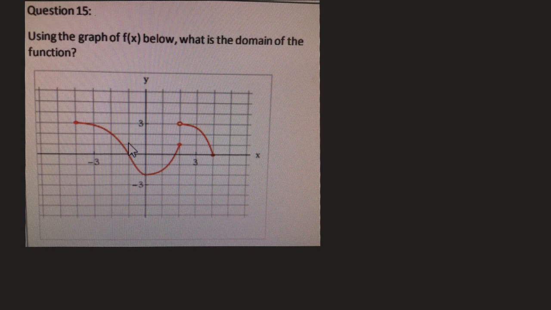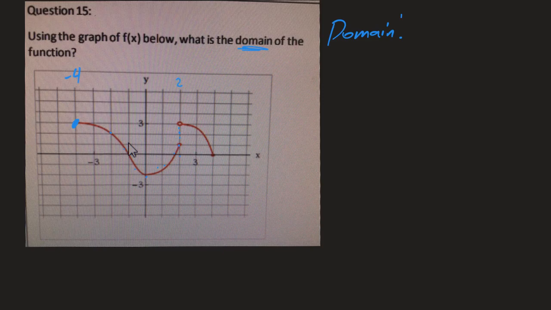Okay, and the last question here, we've got a domain question. So domain, I'm going to do from left to right, starting from low to high, right? So let's find our domain. And if I start over here, it looks like this is at -4. And I'm just going to keep following it along my graph until I hit some kind of break. So here we go. I hit a break here at 2.